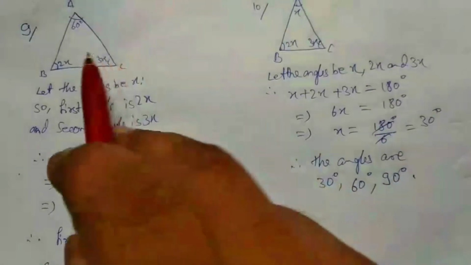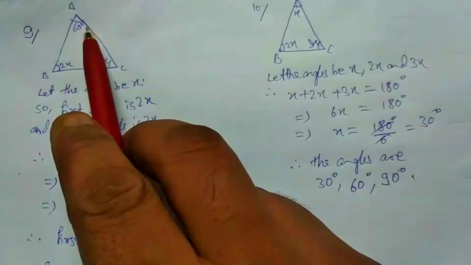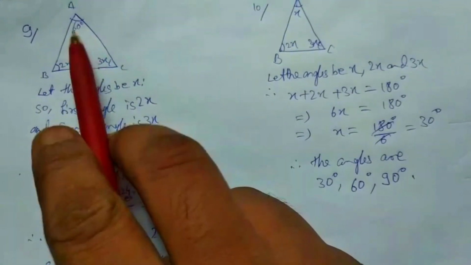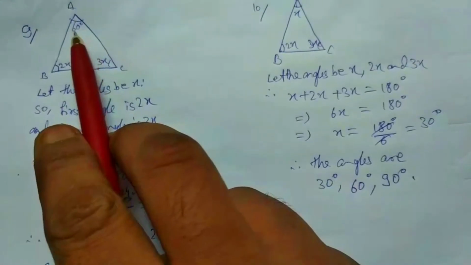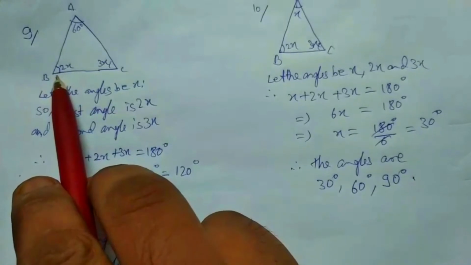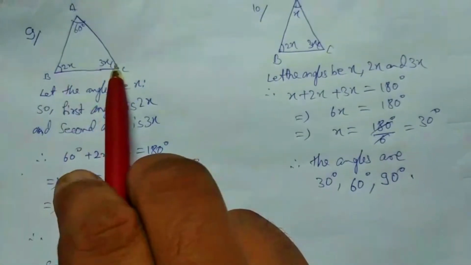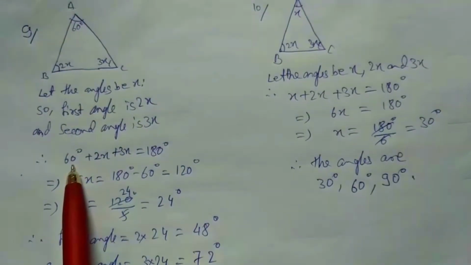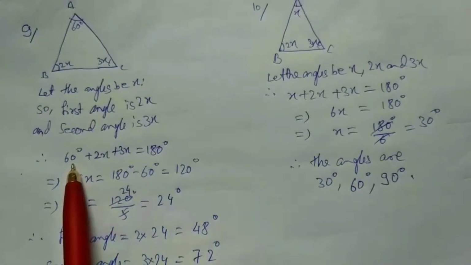Now class, come to this question. In this question one angle is given and one ratio is given, that is 2:3. So one angle is 60 degree and the ratio that are given, so the angles will be 2x and 3x. So we can say the sum of angles in a triangle is equal to 180 degree.